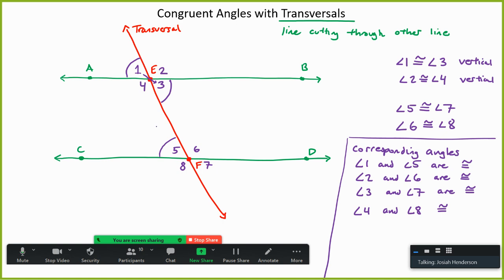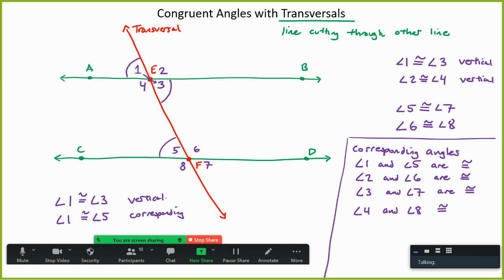However, angle 1 is congruent to angle 3 because of vertical. Here's a mini proof. And angle 1 is congruent to angle 5 because they're corresponding.